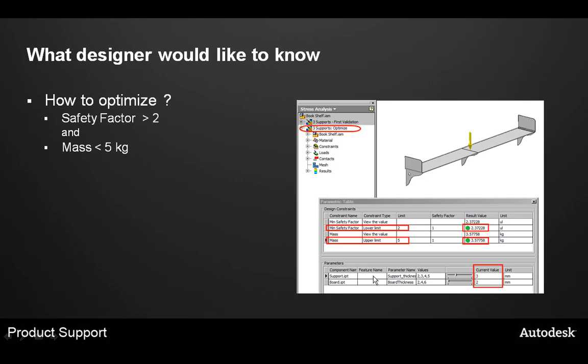So we changed the support thickness between 2 and 5 with increments of 1 millimeter, and the board thickness we varied from 2 to 4 to 6. And you could also slide these values to give you a little bit more comfort in doing so.